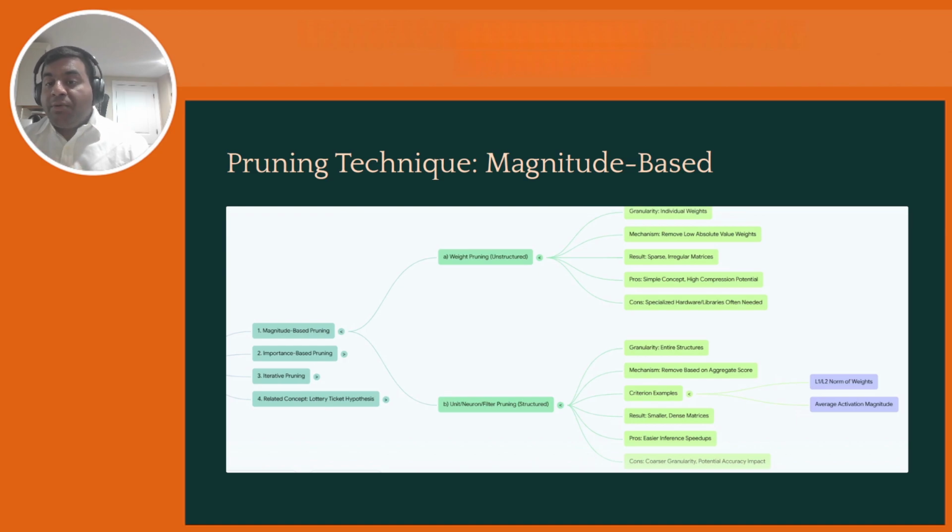Unit, neuron or filter pruning is a more structured way. It removes entire structures like neurons or filters based on an aggregate score such as the L1 or L2 norm of their weights. This results in smaller dense matrices, which leads to easier inference speedups on standard hardware, though the granularity is much coarser.